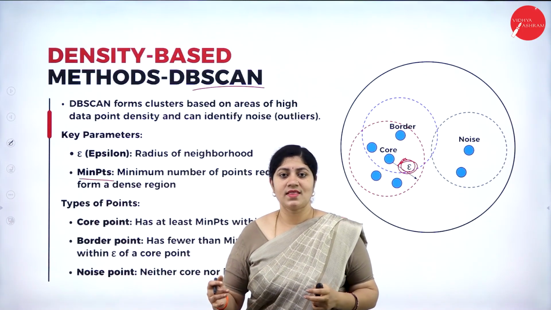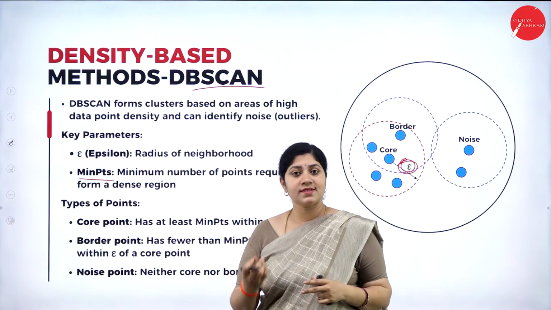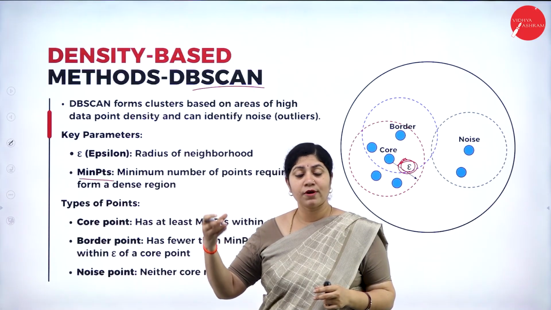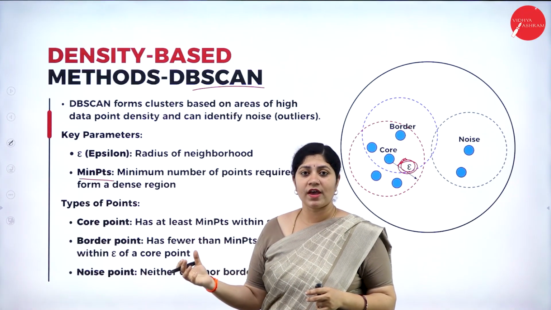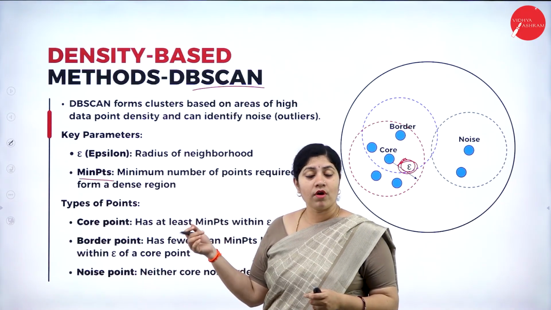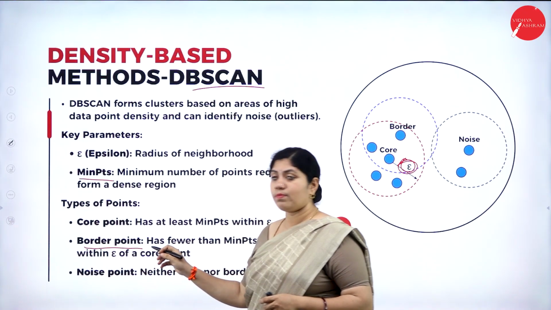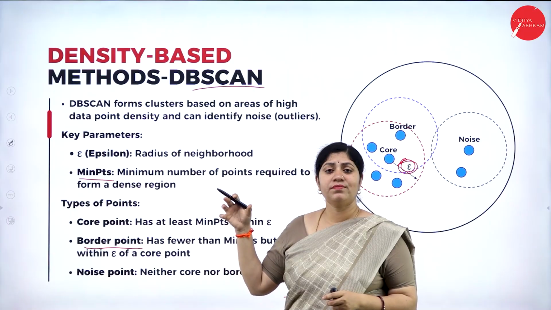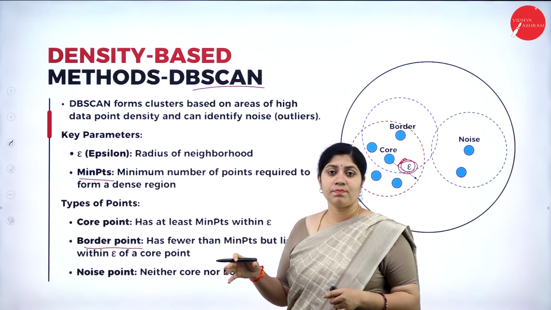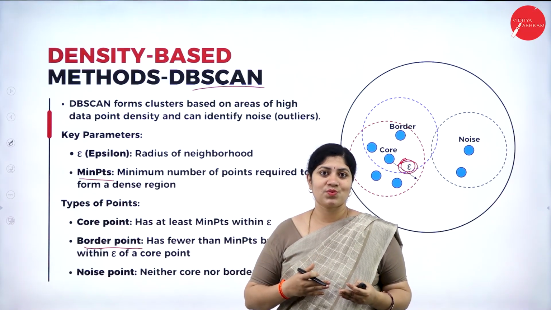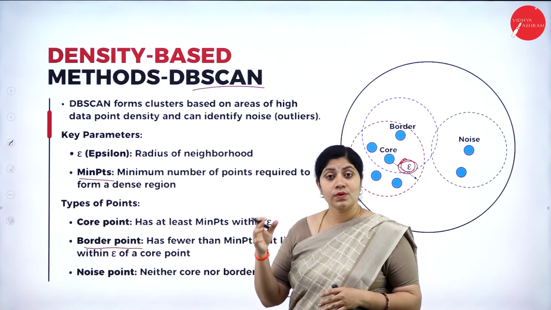Let's understand that, starting with a core point. A point can be called a core point only when it has the minimum points within the epsilon. Up next, the second is a border point. The border point has fewer points than the minimum points, but it lies within the epsilon of a core point.